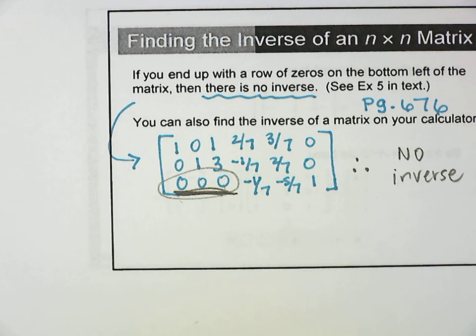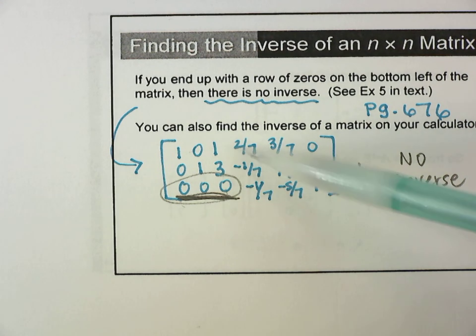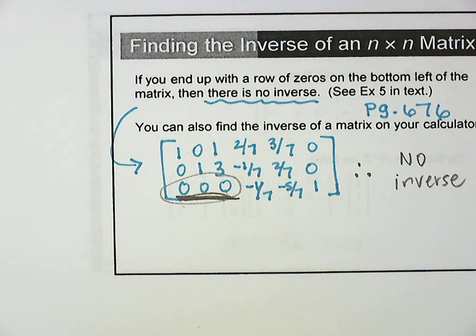Can you guys think about why you wouldn't want to add the bottom row to the top row and have that be your third row? Yeah, when you add, you do 0 plus 1, which would be 1, and you don't want your leading 1 here. Okay, so if it happens where you have the 3 zeros here, that means there's going to be no inverse.